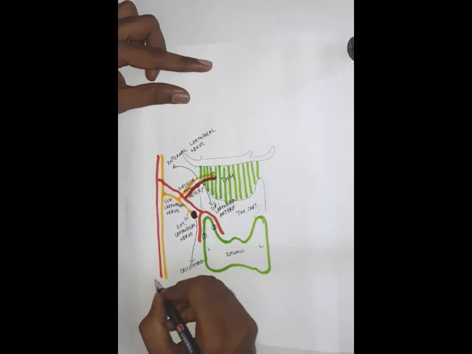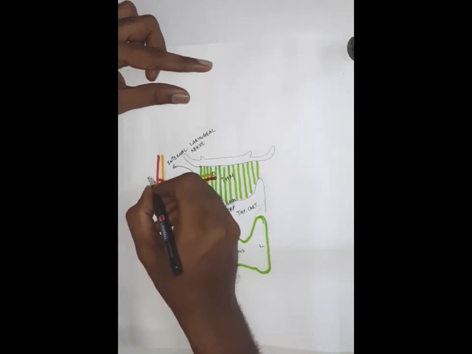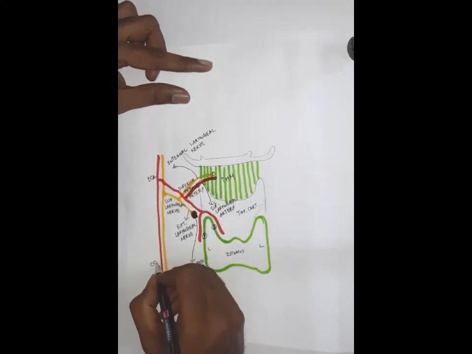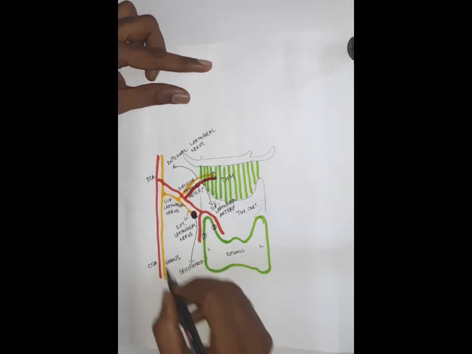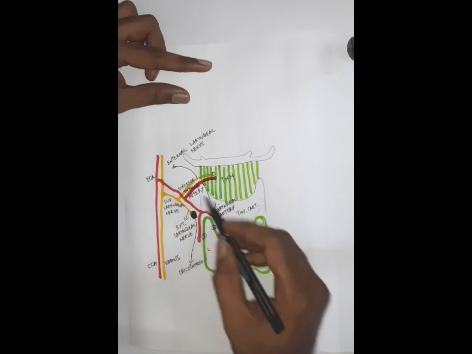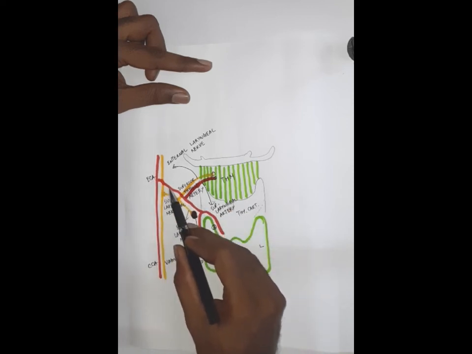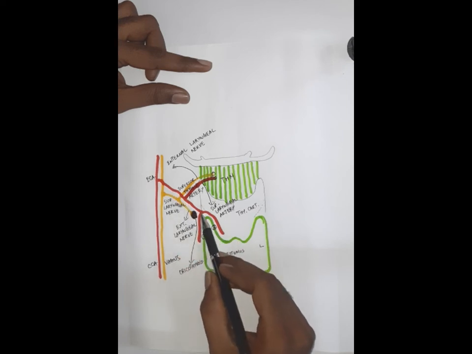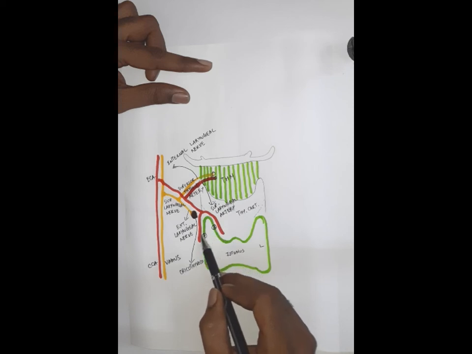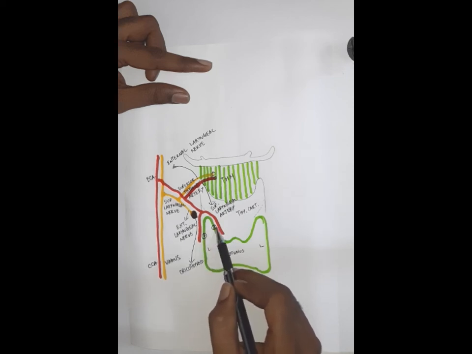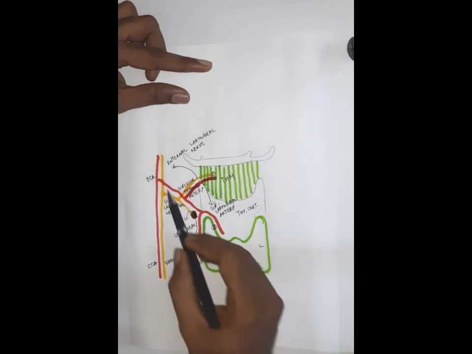Got it? So the external carotid artery, a branch of the common carotid. This is the vagus nerve and the structures in the neck. The external carotid artery gives a branch called the superior thyroid artery, an anterior branch, which reaches the upper pole of the thyroid gland and divides into an anterior and posterior branch, which run along the corresponding borders.